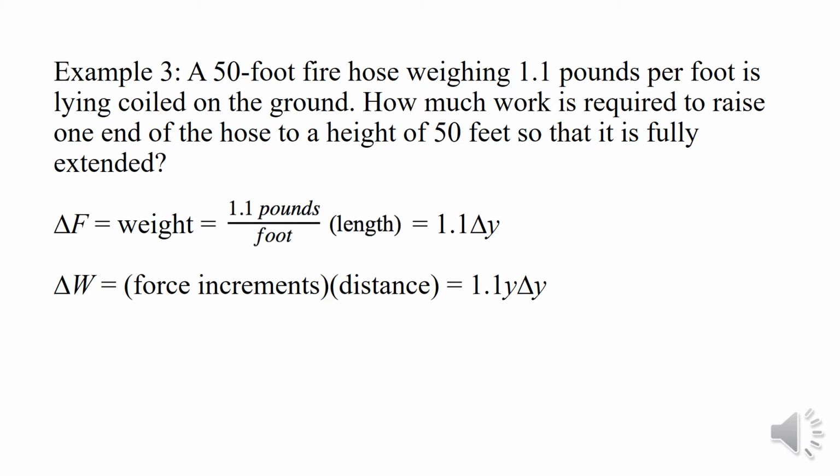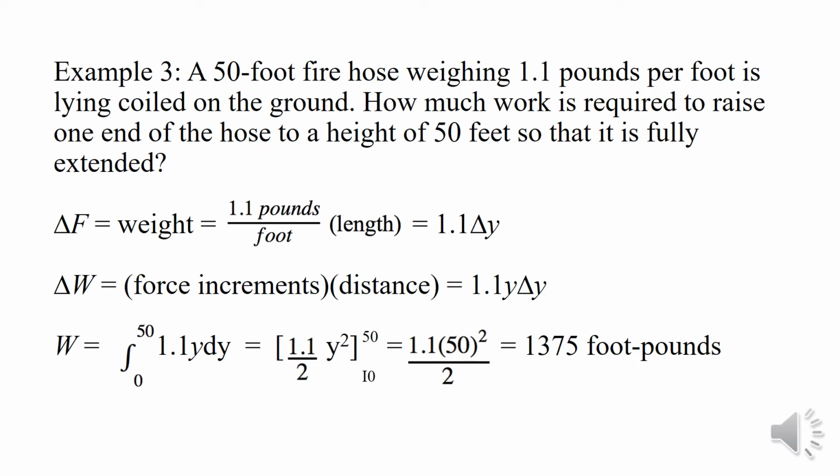The work equals the force increments times distance, which is 1.1 y delta y. Since the force is variable, we have to integrate, so delta y becomes the limits of integration, which are 0 and 50. So we take the integral with those limits of 1.1 y dy and get 1375 foot-pounds.